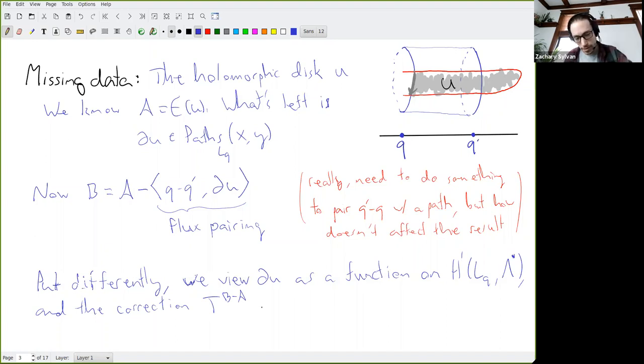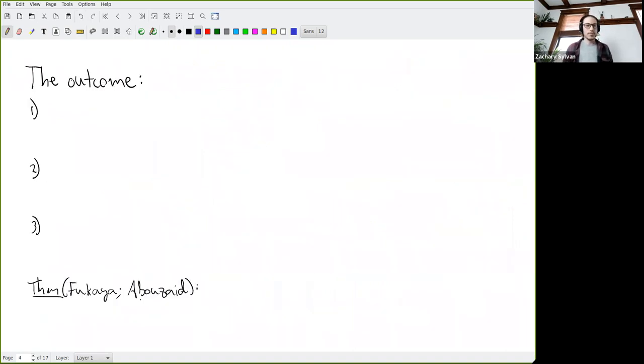So this correction comes from evaluating the function on, I'll just write it as T to the Q prime minus Q. I guess really there's some product, right? Okay. So what's the outcome of all of this?